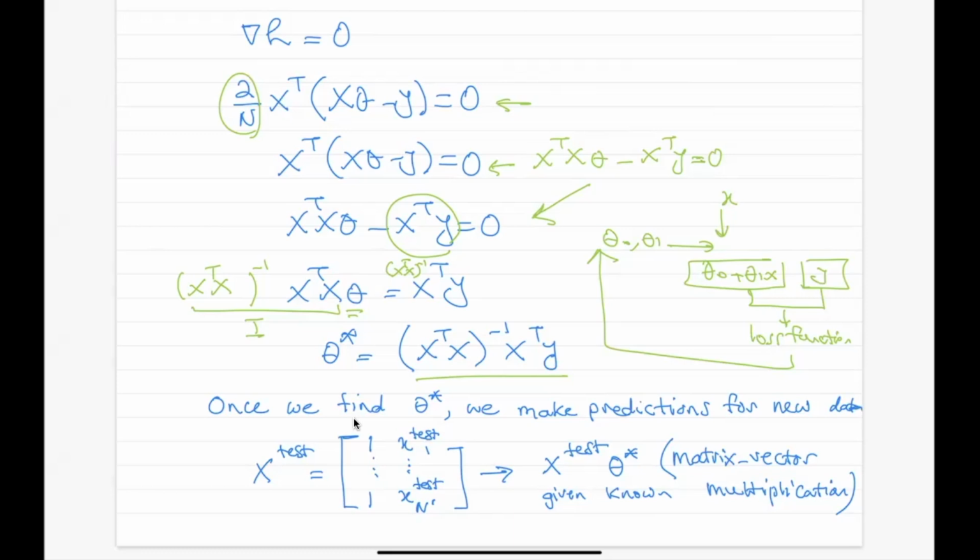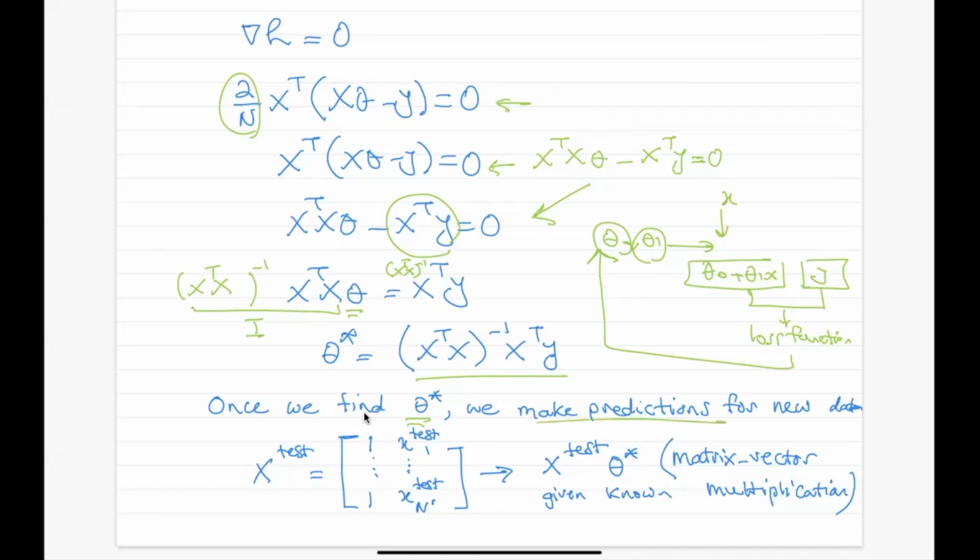But for now, we have a solution in this closed form structure. And one thing I want to emphasize here is that once you find the optimal values of theta 0 and theta 1 according to your training data, meaning that you're done with the training phase, now you can actually use these optimal values to make predictions.